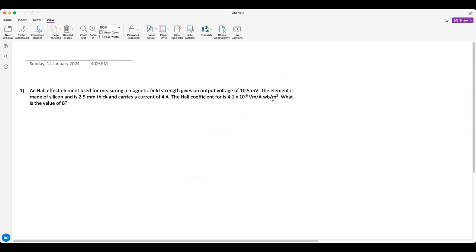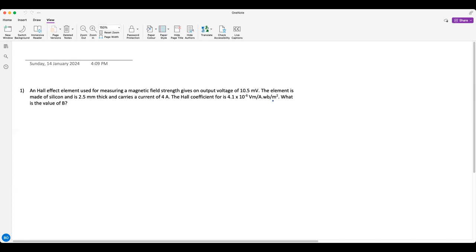A Hall effect element used for measuring the magnetic field strength. Now, it's very interesting. One of the applications of the Hall effect is to measure the magnetic field. For example, in MRI machines, magnetic resonance imaging machines, you want to make sure that the magnetic field is as constant as possible everywhere, so you might need to measure the magnetic field in different locations.